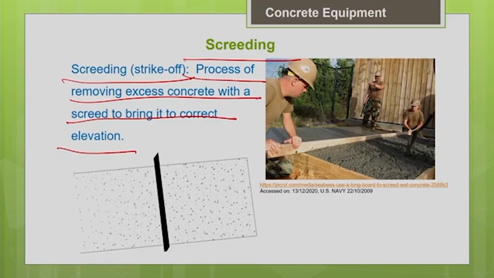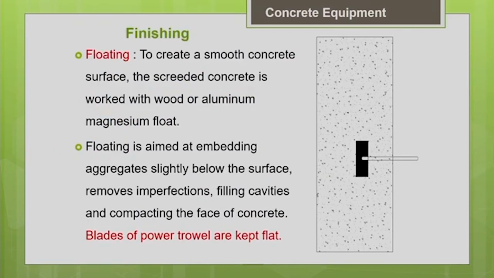Following screeding, the next stage is floating. Always give some time interval between every stage of finishing. The main objective of floating is to create a smooth concrete surface. You either go for a wooden float like this, or a metal one, aluminum or magnesium. With the metal float, keep the blade flat and smoothen the concrete surface.